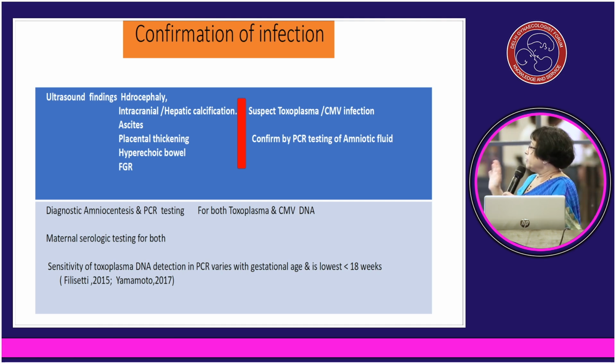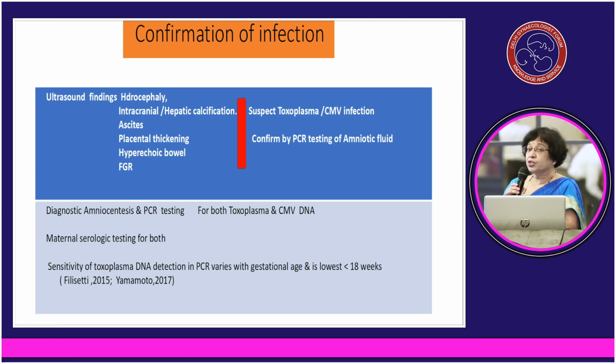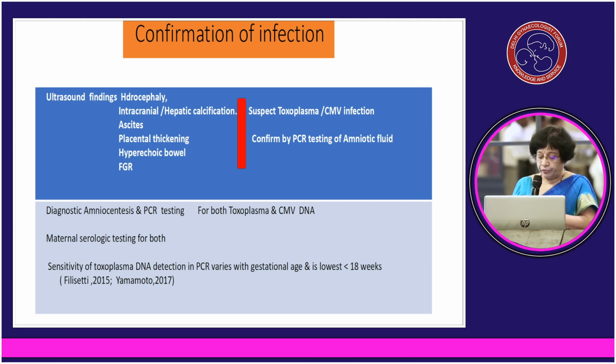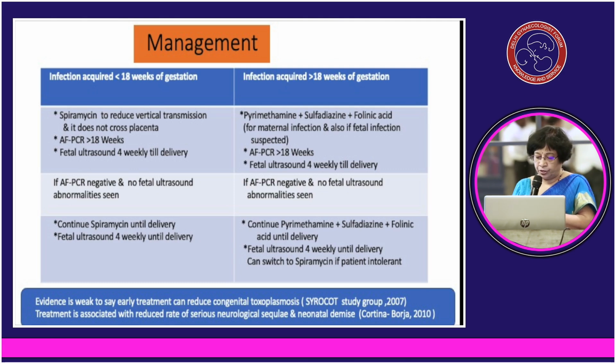We confirm by PCR testing of the amniotic fluid in such cases. Diagnostic amniocentesis and PCR for both toxo and CMV is done. Maternal serologic testing is also done for both. The sensitivity of toxoplasma detection in PCR varies with gestational age and is lowest at less than 18 weeks, so we have to go above 18 weeks for its sensitivity to increase.